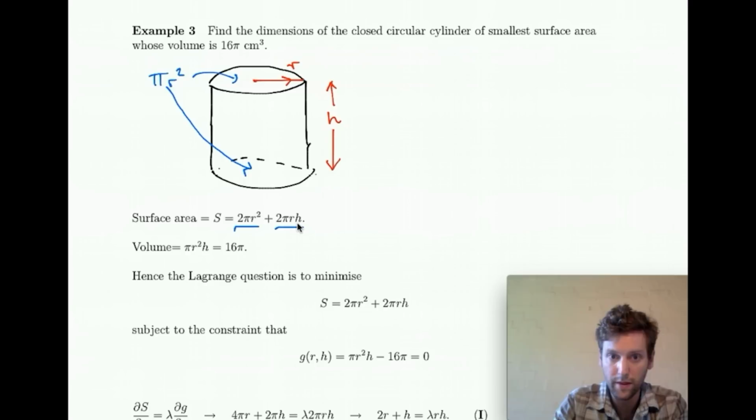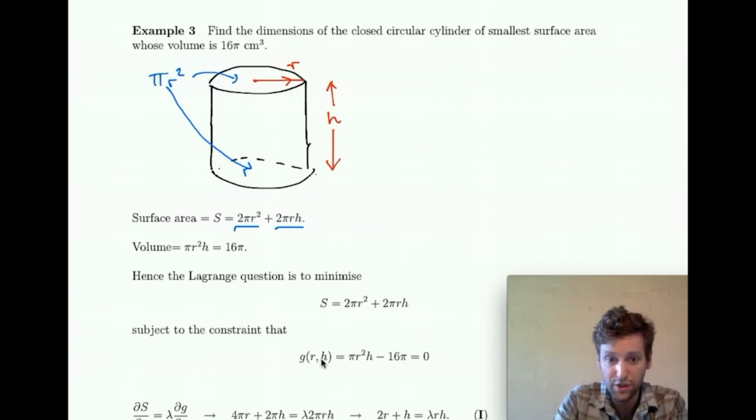What about the volume? Well, that's going to be given by the height times the cross-sectional area, so h times pi r squared, and that has to be equal to 16 pi. So you can see that my function that I'm trying to find the maximum or minimum value of is the surface area, 2 pi r squared plus 2 pi r h.